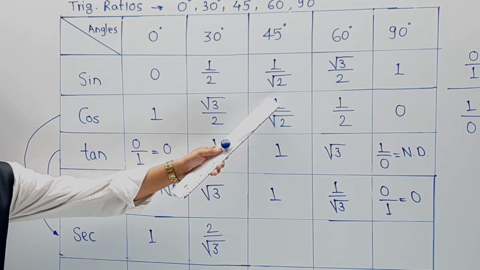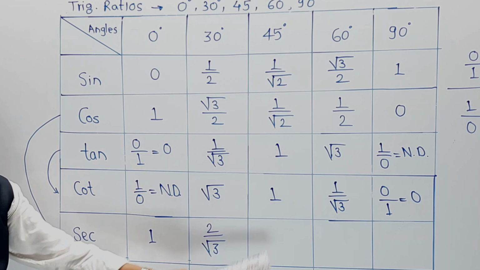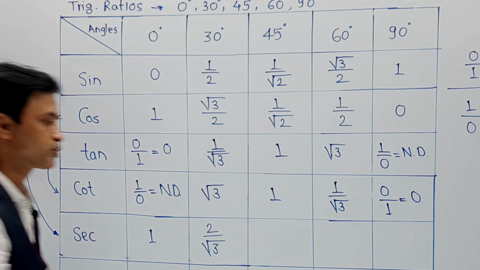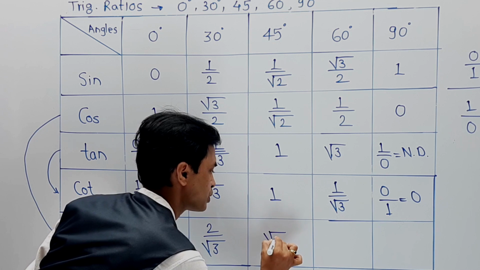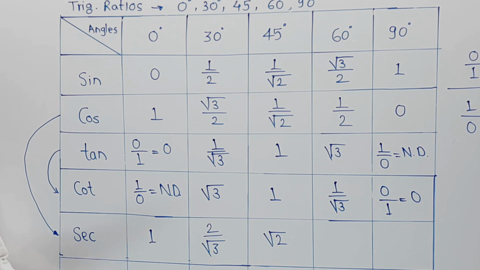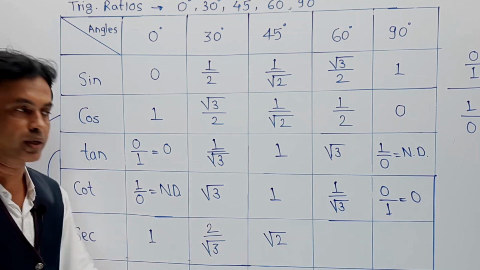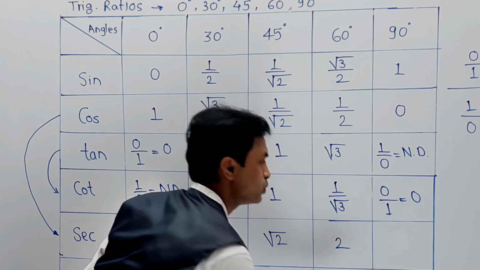Next, here 1 upon root 2, its reciprocal is root 2 by 1. You simply write it as root 2. Whether you write upon 1 or not depends on you. Next, the value is 1 upon 2. Its reciprocal is 2 upon 1, which means you can simply write 2.